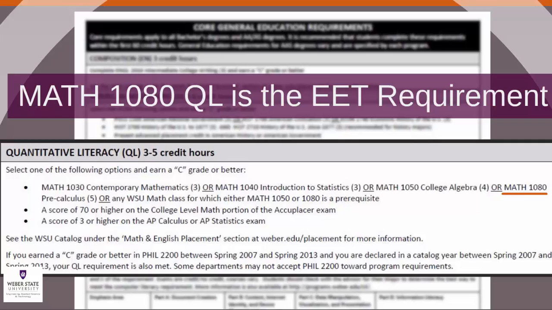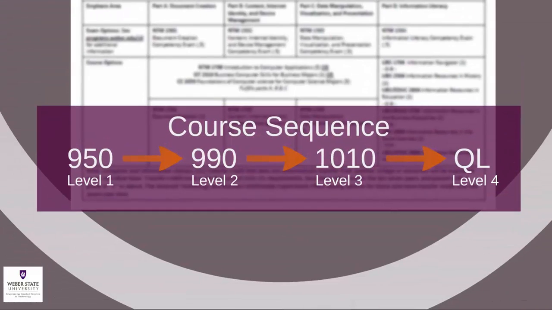As with English, you may need to take prerequisite courses before taking Math 1080, depending on where you were placed in the Math Mastery Exam or ACT in the past 2 years. The Electronics Engineering Technology math sequence is Math 950, Math 990, Math 1010, Math 1080.